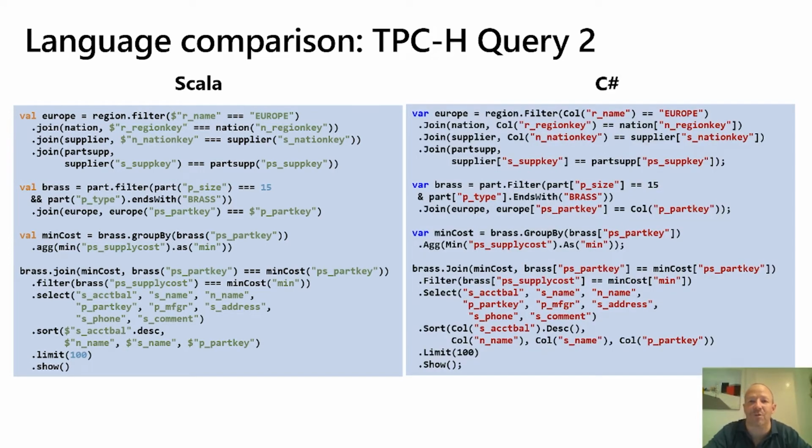Now here's the same code written in C# with .NET for Apache Spark. If you squint at it, it looks very similar. It's dangerously copy-paste friendly, which is by design, because we want to make it easy for you if you are searching online on Stack Overflow or through Bing or Google for a solution, like how do I do a join in Spark.